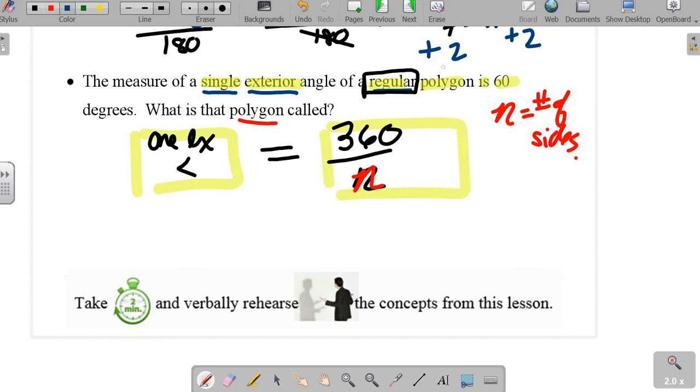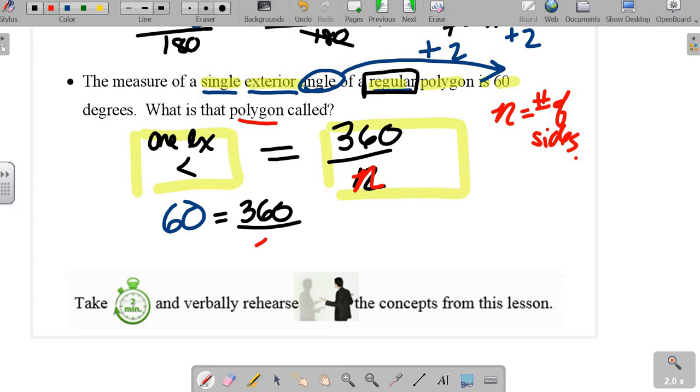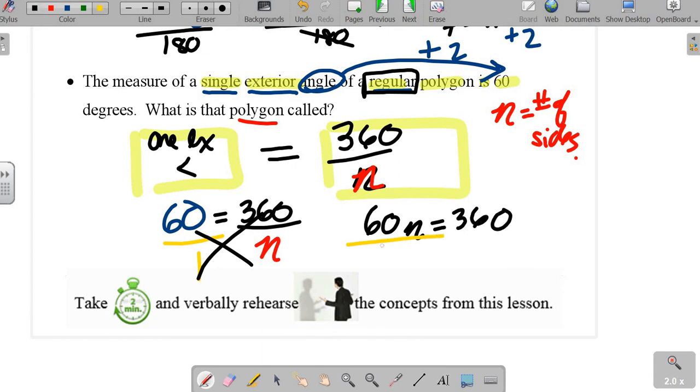Where does this 60 go? The 60 is the angle, so it belongs over here on the left. So 60 equals 360 over unknown number of sides. Our n here is 6, which means we are dealing with a hexagon.